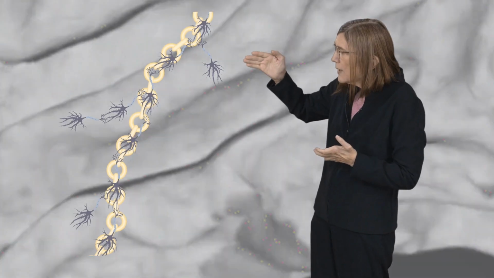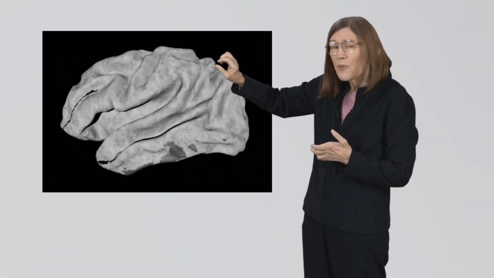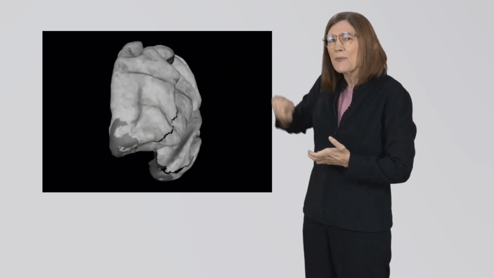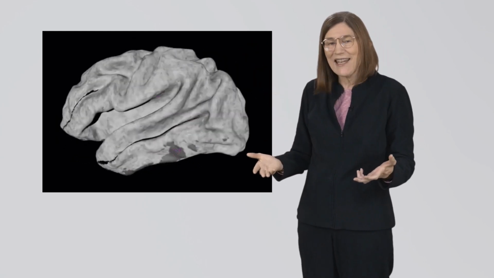Now, I had mentioned that long-term memory is in the neocortex. So what is the neocortex? If we look at our set of links, we can see they're going very small onto the surface of the brain, which is where the neocortex is. And actually, they become so small you can't even see them.